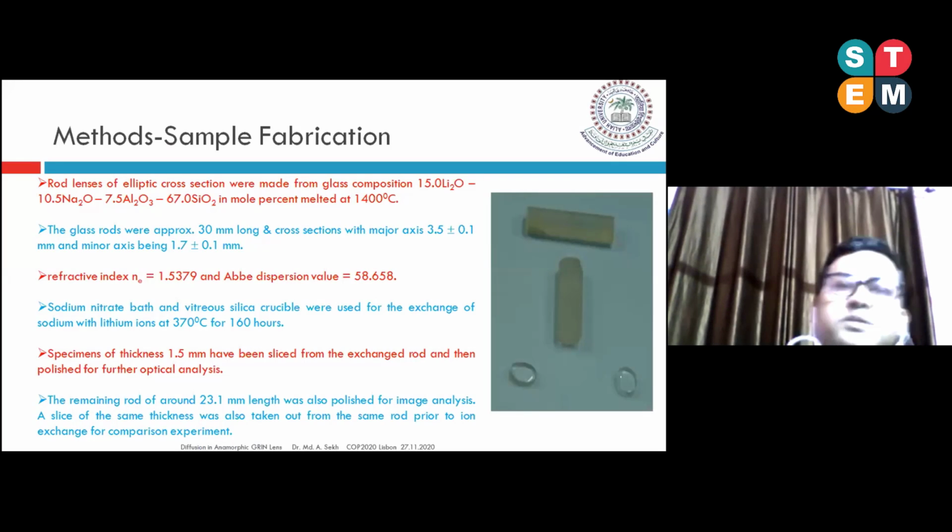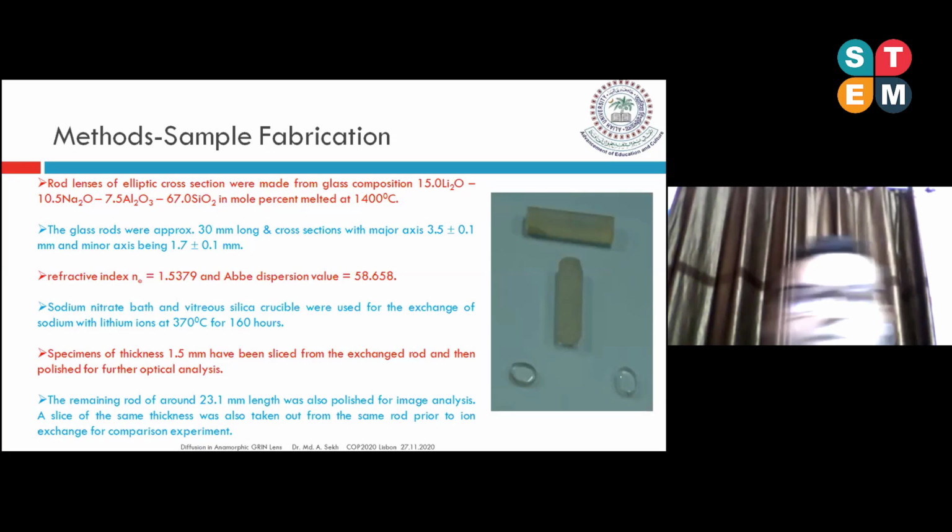First of all, the methods and sample fabrication. The glass available in the commercial market may not be suitable for ion exchange experiments, and that's why we have made these glasses in a lithium, sodium, aluminum silicate system, basically a silicate glass. Some modifier and intermediate oxides are added to it.